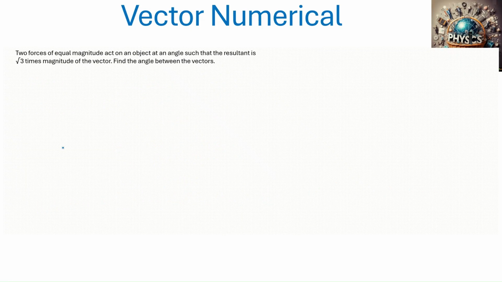So here we come with the next question. It says that two forces of equal magnitude act on an object at an angle, such that the resultant is root 3 times the magnitude of each vector. Find the angle between the vectors.